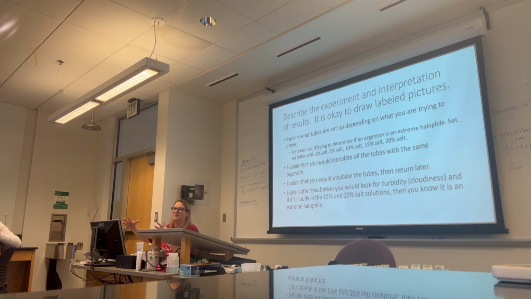Make sure you have tubes for extreme halophiles, 15, 20%, not over 25, you don't really need that. And then some that are less, just to make sure it's not osmotolerant, because osmotolerant grows in all of them.